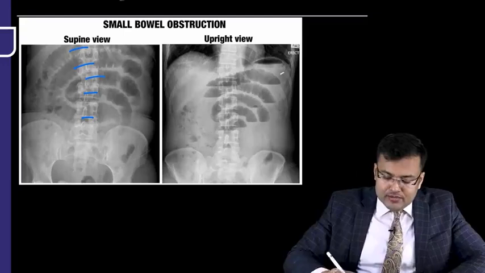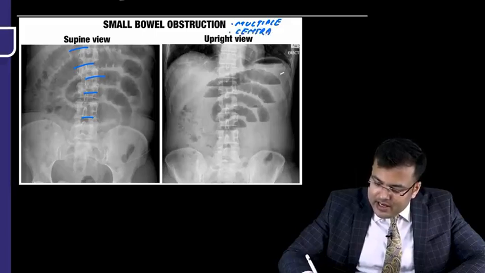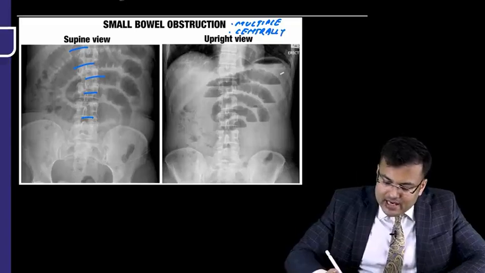In small bowel obstruction there are multiple bowel loops. And what is the location? Placed centrally, and these are narrow in caliber.